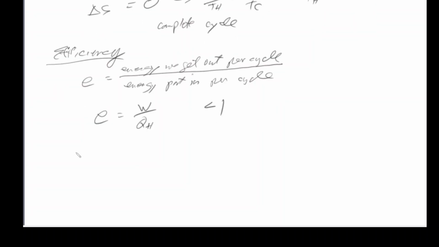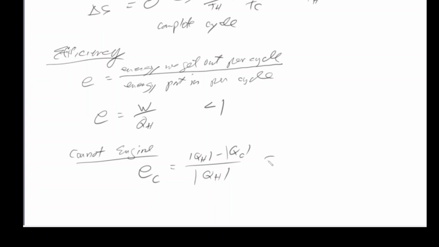Now, for a Carnot engine, which is considered the most efficient engine, we find that the efficiency of a Carnot engine is equal to Q hot minus Q cold over Q hot.